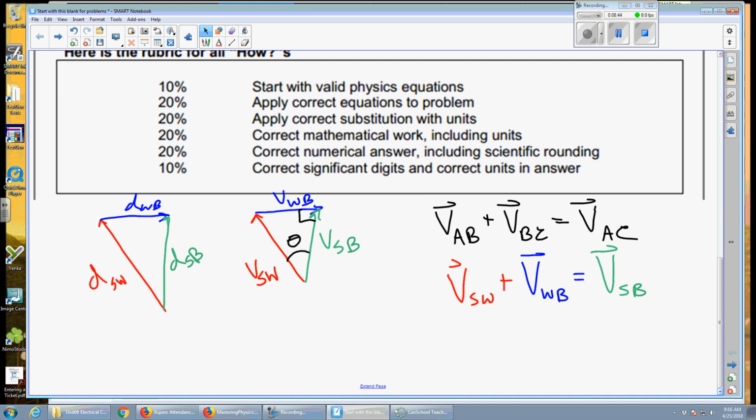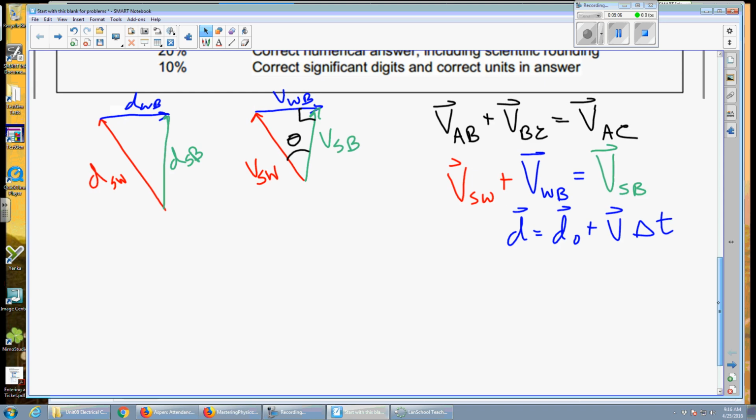So just a similar triangle. In fact, the scaling factor between them is time. Right? Because we also remember from our equation sheet that D equals D naught plus V delta T. So now let's put some numbers with it, unless there's questions.